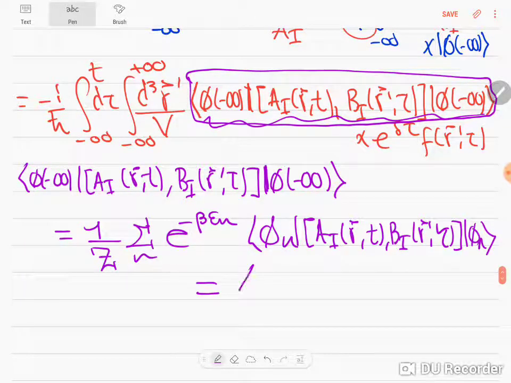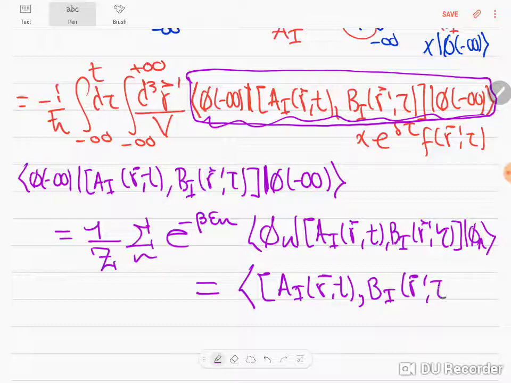I just say that this is this expectation value of A sub I of rt and the expectation value of this commutator B sub I r prime tau.